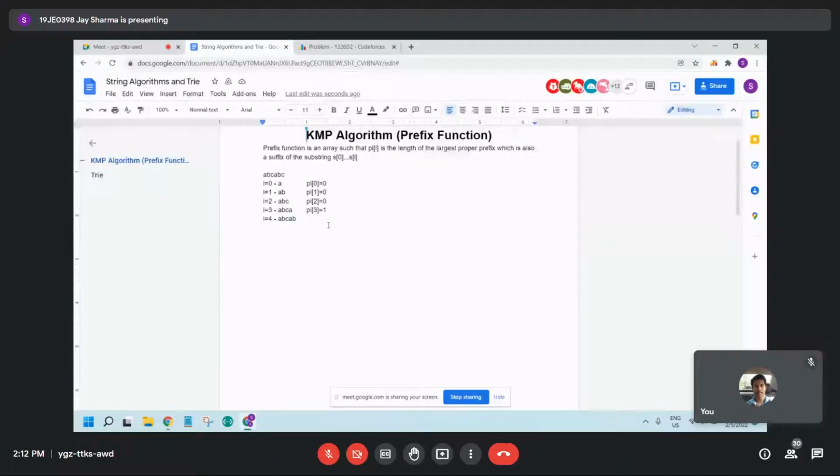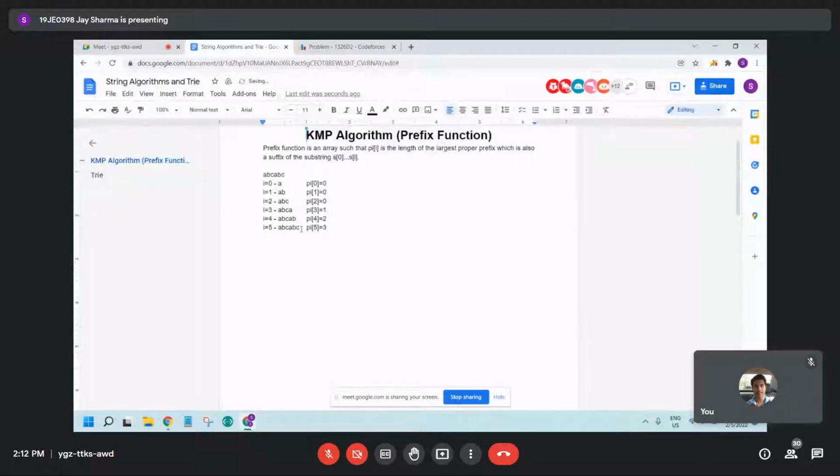So here you have pi of 4 equal to 2, which is the length of this AB. And similarly for I equal to 5, you have ABC, and in this case you will get pi of 5 equal to 3. Okay, so this is what the definition of this prefix function is.